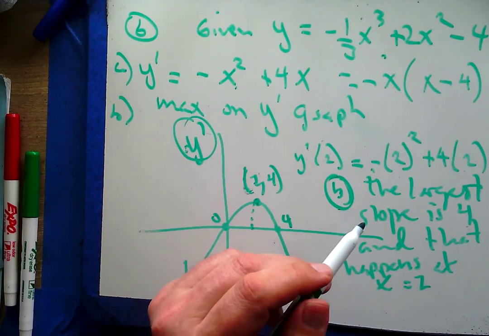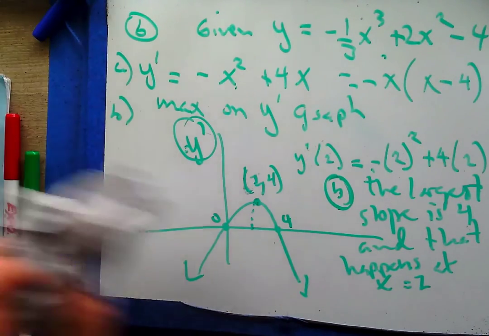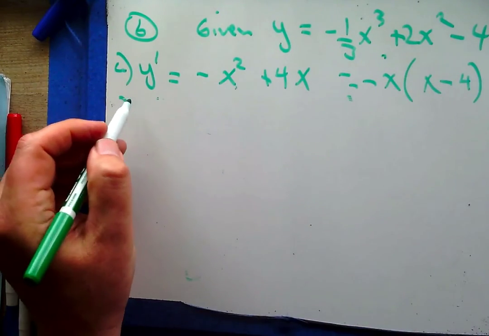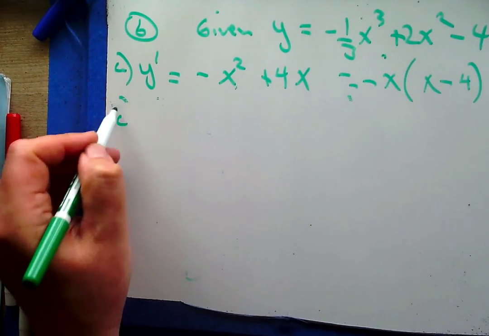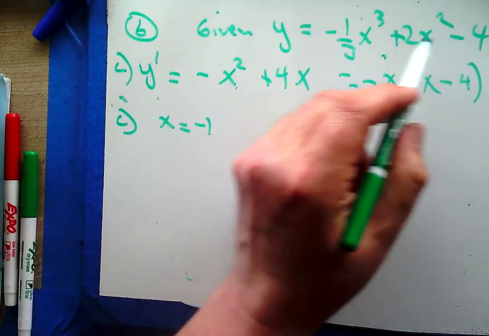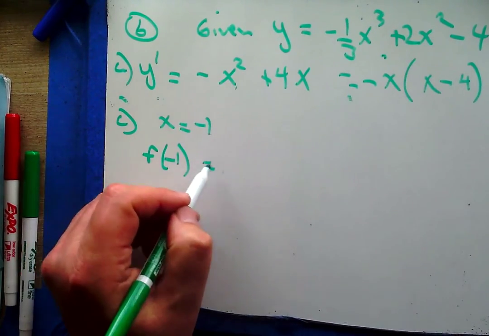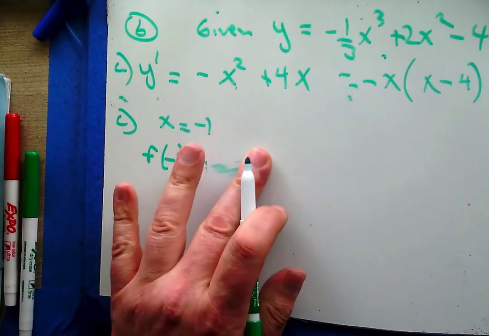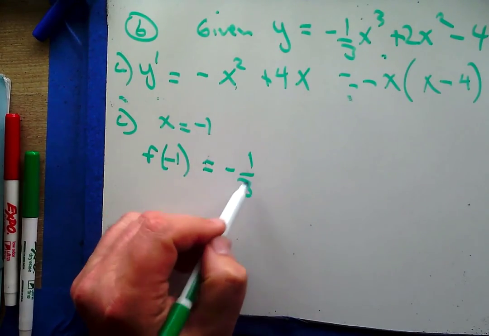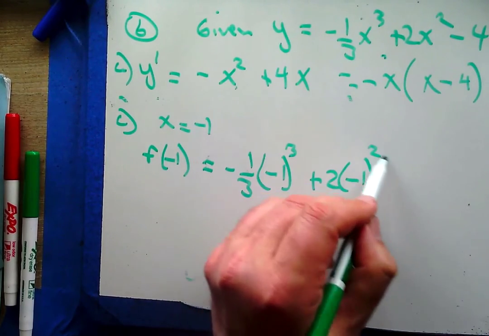And now part C says find the x and y intercepts of the tangent line at x equals -1. That's interesting. So I need an ordered pair, which means I'm going to plug a -1 in there. So f of -1 equals, no, that's the right function, equals -1/3, -1 to the third plus 2 times -1 squared minus 4.